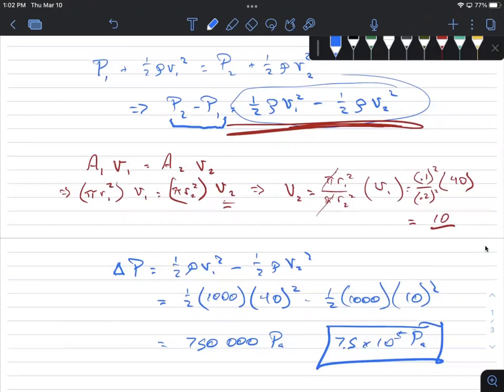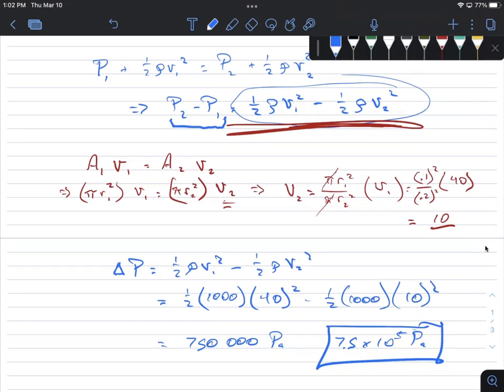If at the beginning of the problem, instead of solving for P2 minus P1, I solved for P1 minus P2, well, then I'd have the same number. It'd just be a negative number. Because what it would say is the first pressure is 750,000 pascals less than the second pressure.